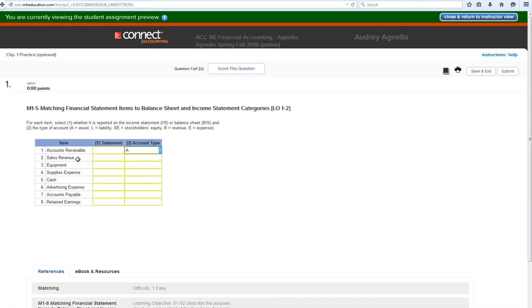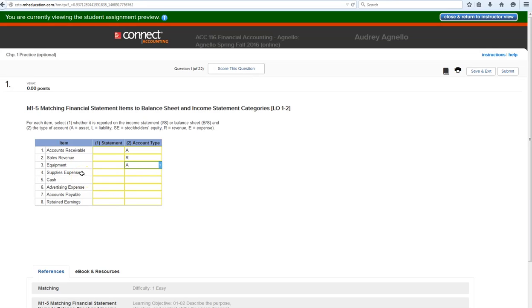Sales revenue. This is nice because it's got the word revenue in there, so it's pretty easy to determine what account type it is. It's a revenue. Equipment represents a resource that you're going to be able to use to help you run your business. An economic resource that's going to provide a future benefit is an asset.